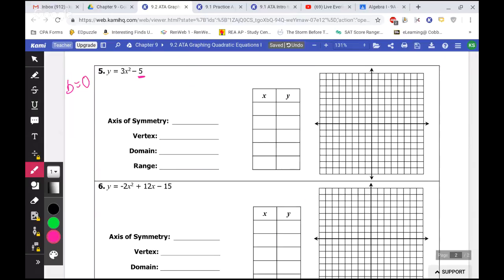The b always has the x variable to it. This could be rewritten like this if you would like to. The b value is connected to the x variable without an exponent. So what is the a in this one?